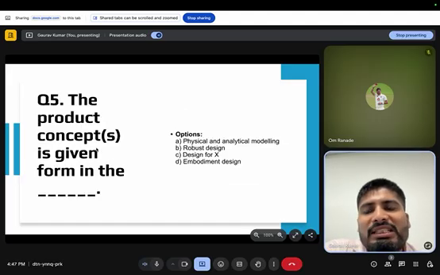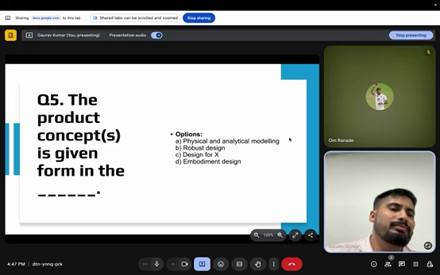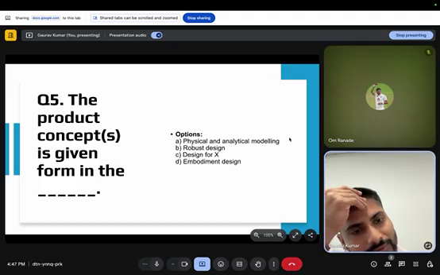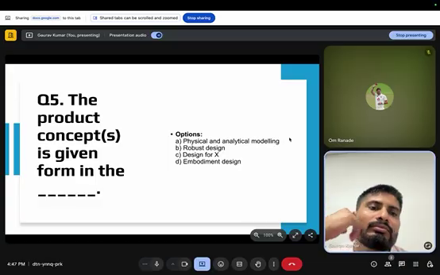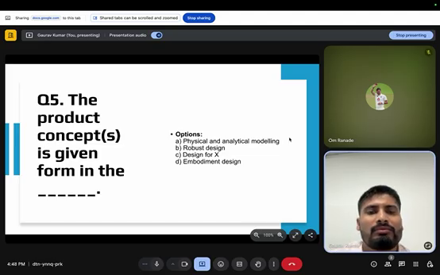The product concept is given form in the dash. What will be the right answer?